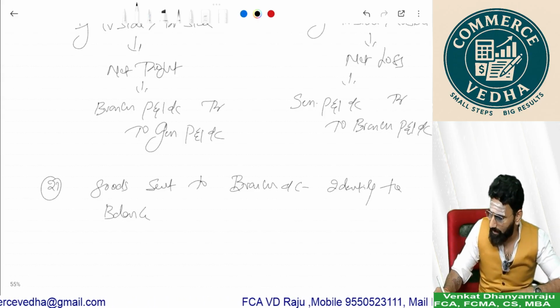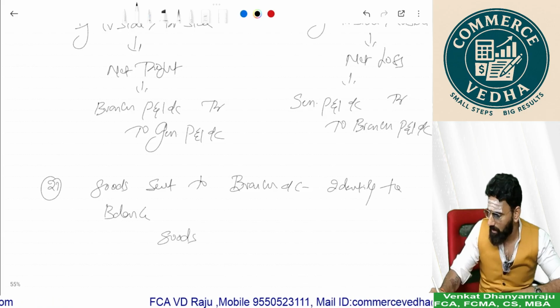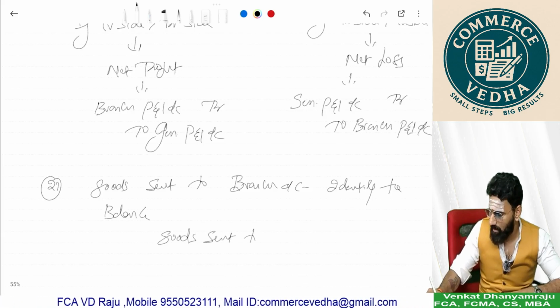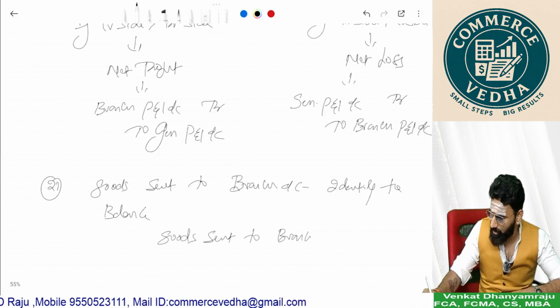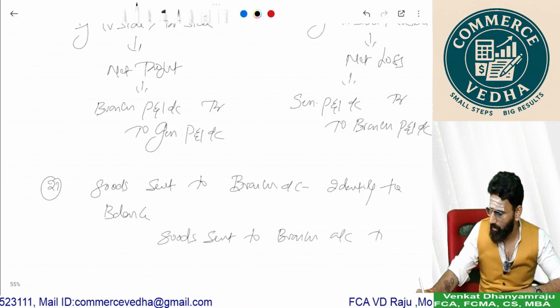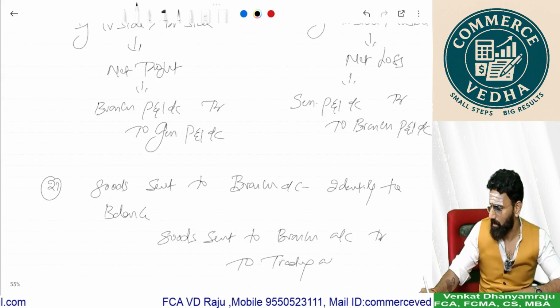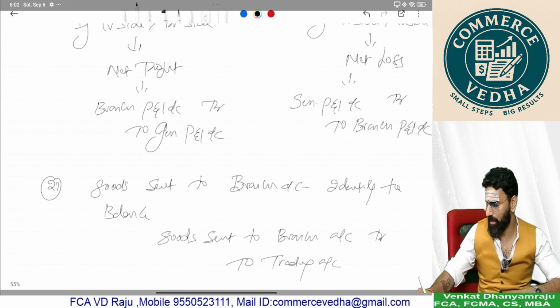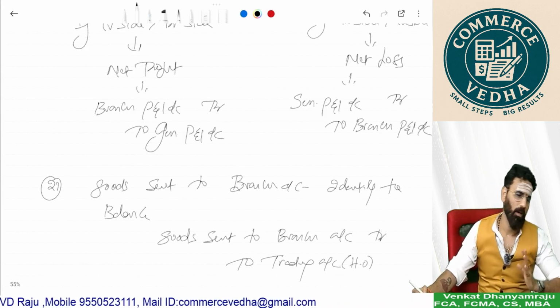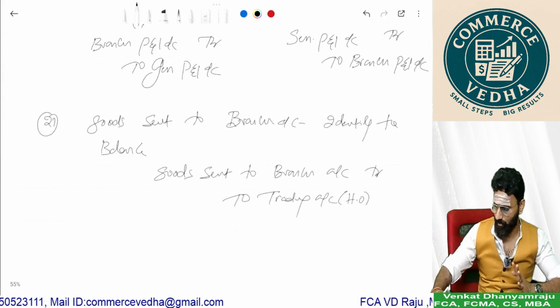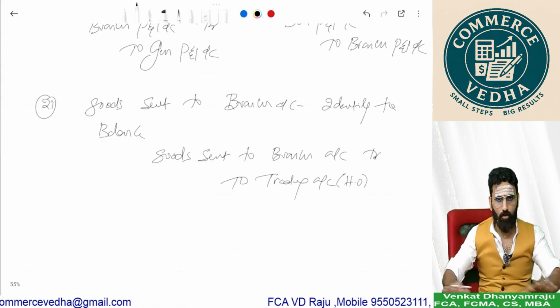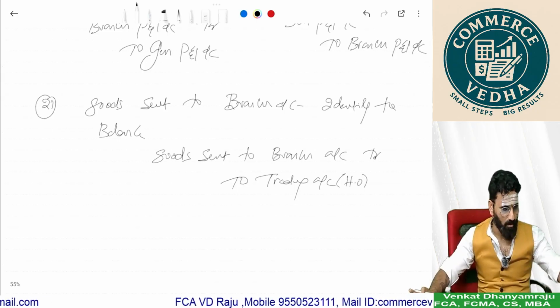So it should be like goods sent to branch account debit to trading account. Whose trading account? Head office trading account, right? With this, your solution is clear.